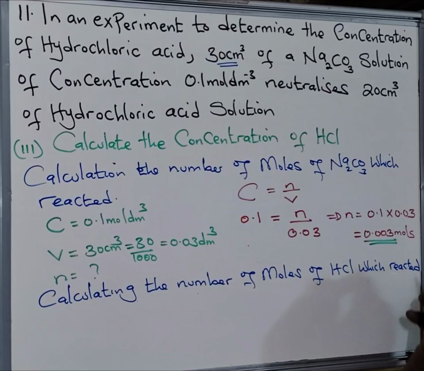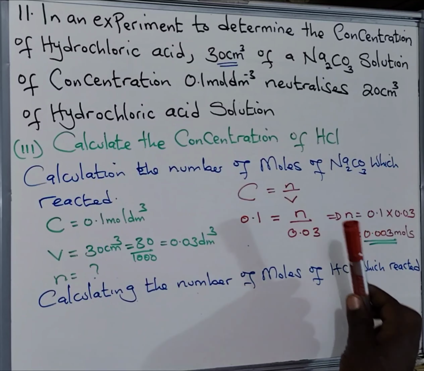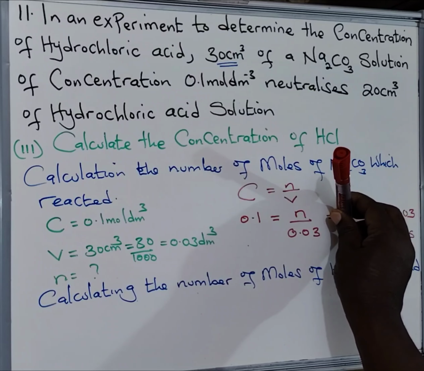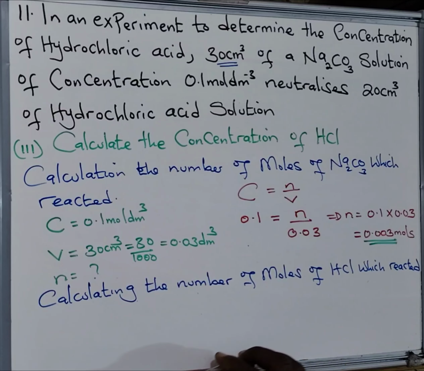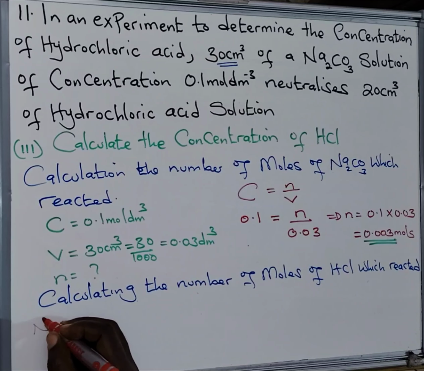How do you go about this? The link between the number of moles of the standard which reacted and the number of moles of the unknown which reacted is through mole ratio. But the question is, how do you get mole ratio? By writing a well-balanced equation. So when you look at the scenario, what do we have? We have our sodium carbonate.